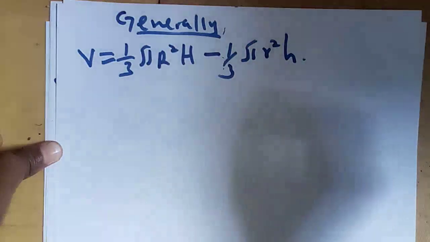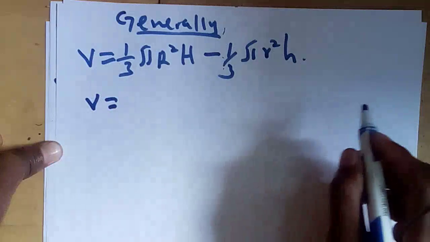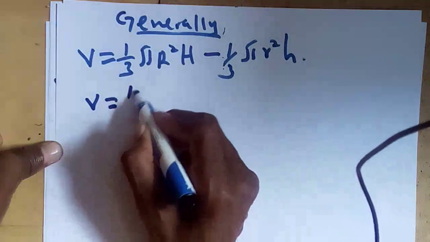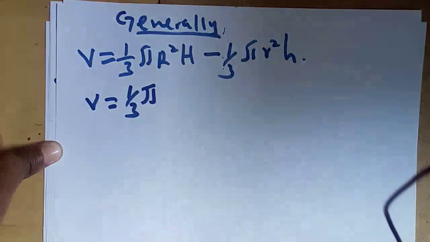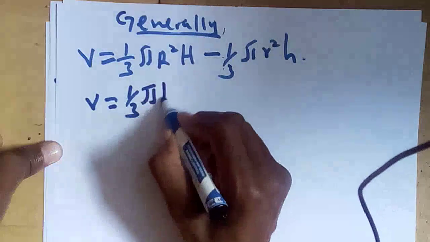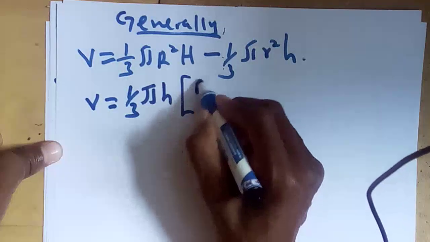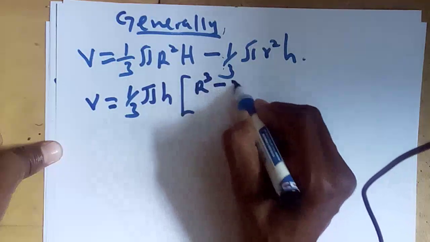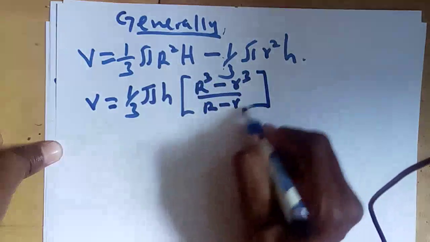You can do that. Now we've simplified this. Alternatively, the volume can also be determined by a third pi h into, now we said this one can be simplified into r cubed over r minus r.